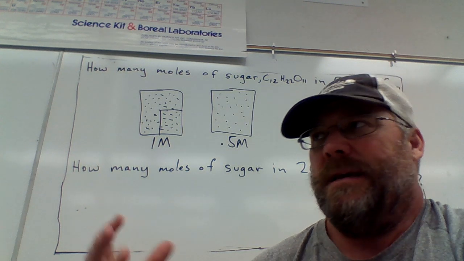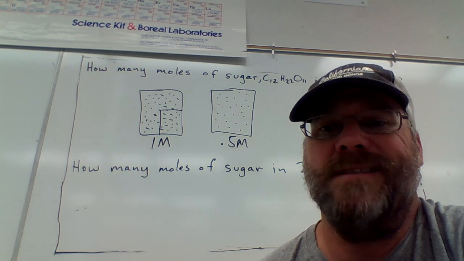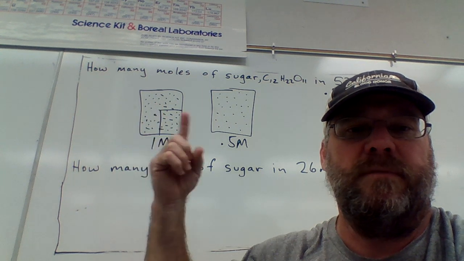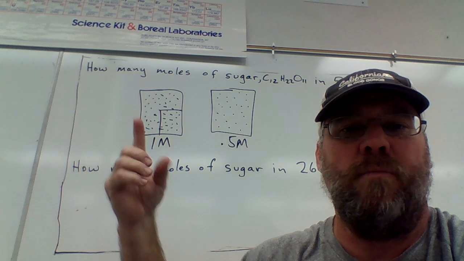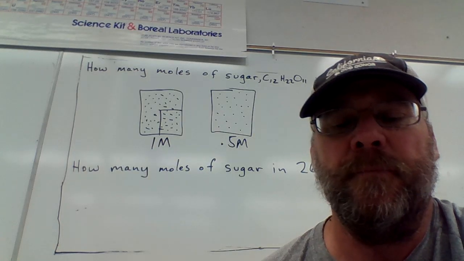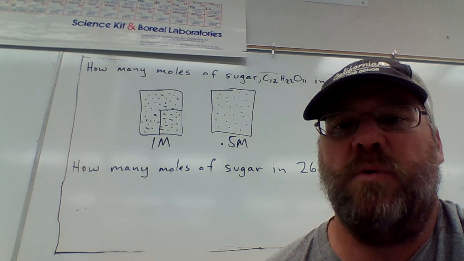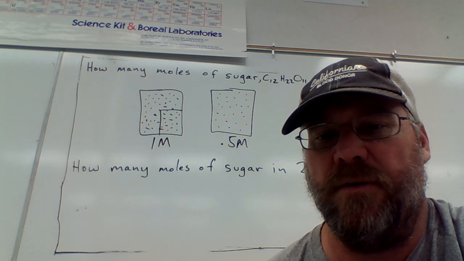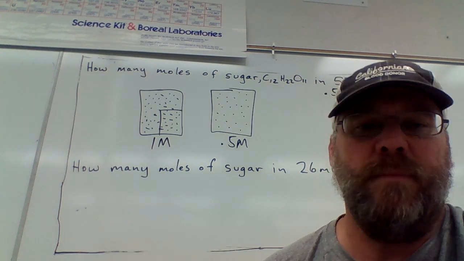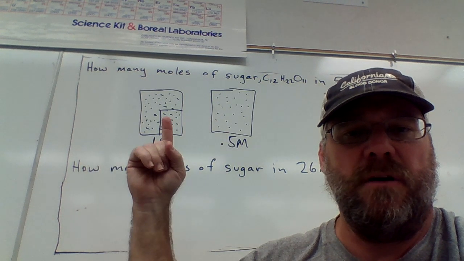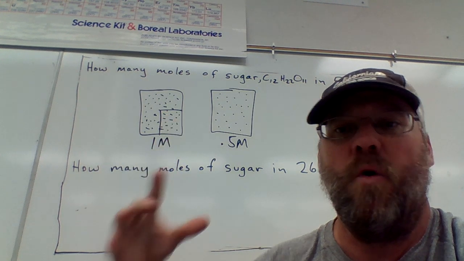Well, because it's a smaller amount, now there's not the same amount of moles. If this whole contraption, this whole box, was 1 liter, then there would be 1 mole of particles, 6.02 times 10 to the 23rd of whatever we put in there. But if I took out this little chunk right here, that might be a quarter of it.